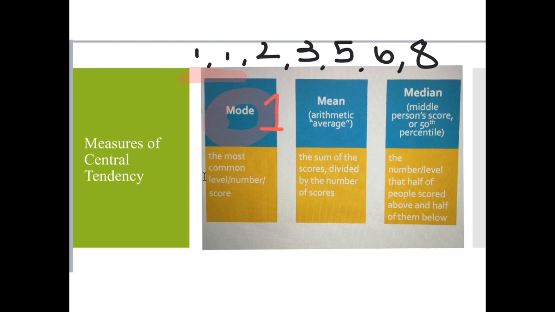Looking here, for our mean, we have to add it all together. I've got my little calculator on my phone out. 1 plus 1 plus 2 plus 3 plus 5 plus 6 plus 8 equals 26, divided by 7 numbers. So we add them all up and divide by how many there are. That gives us 3.71. That's going to be our average.